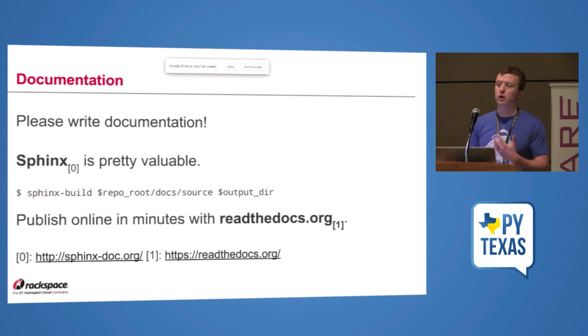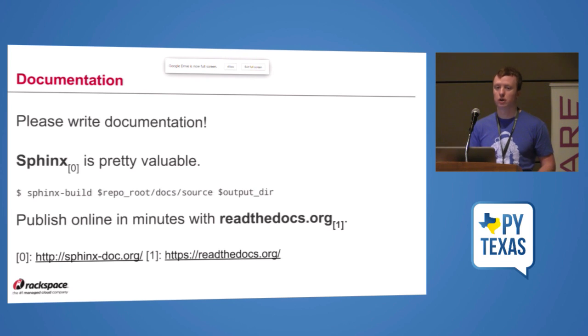So you're building your project, but how is anyone else going to figure out how to use your project if you don't write documentation for it? There are a couple of great tools that you can use with Python, Sphinx being one of them. You can write your documentation basically in a plain text format, something like reStructuredText.